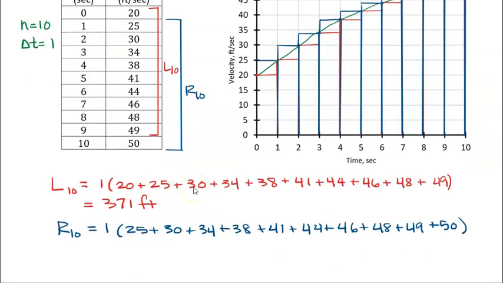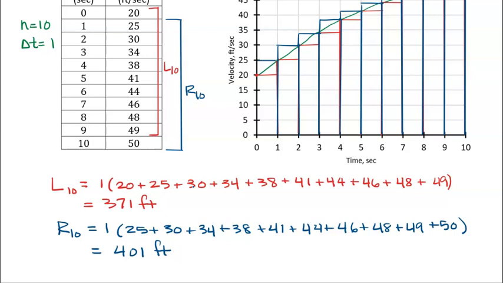So that's what I've done. I've written down all of the numbers I'm going to put in my calculator so that I get some extra credit if I accidentally type something wrong in my calculator, right? So when I add that up and multiply by 1, I get 401 feet. All right, so that's my right-hand Riemann sum.